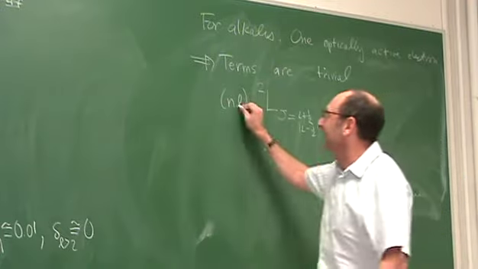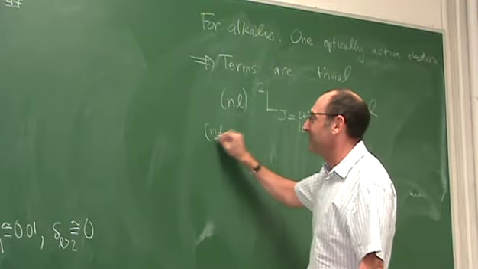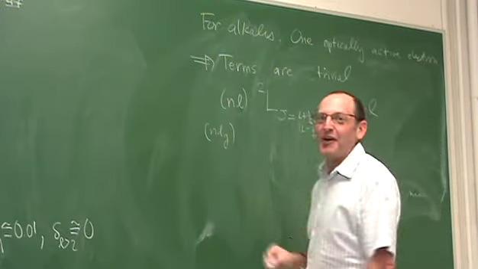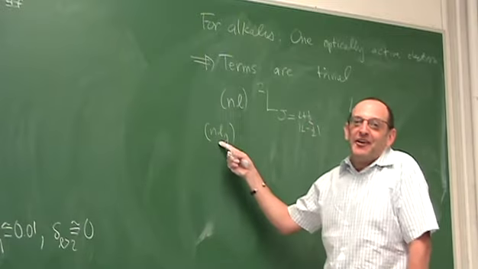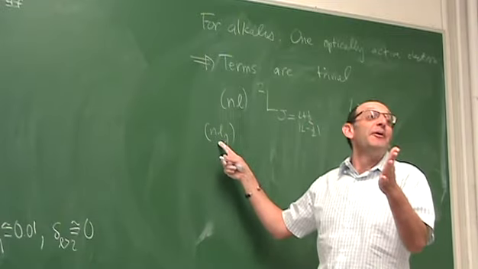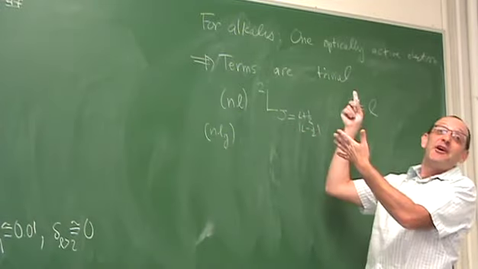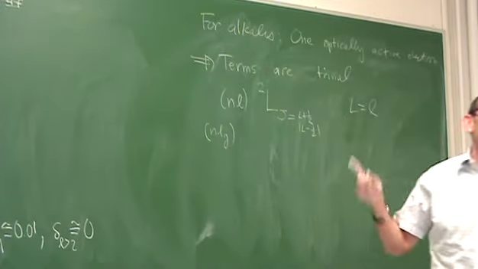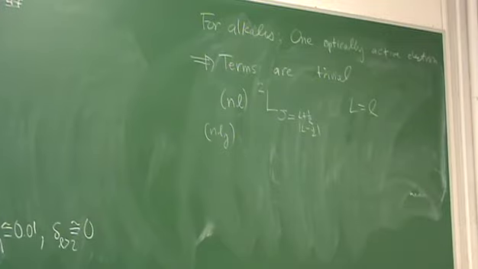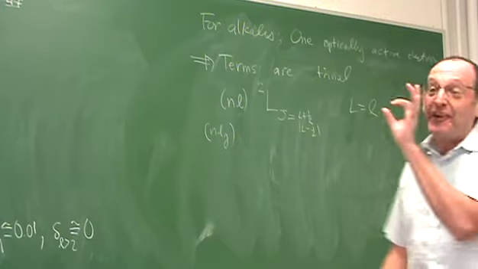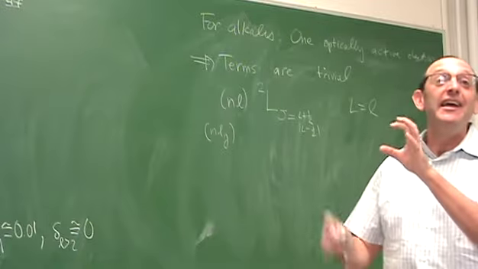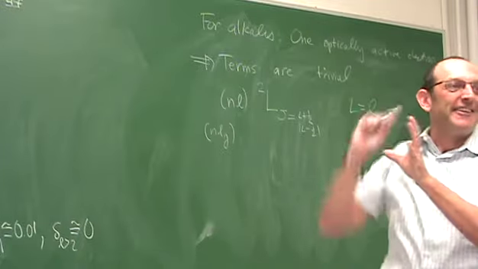So sometimes you'll see the electrons written this way, or you'll see the term. The little letters are for the individual electrons. The big letters are for the terms, but they're the same thing. You'll see both notations. So sometimes you'll see it as little 3s 1/2, and sometimes you'll see it as big 3 big S 1/2.